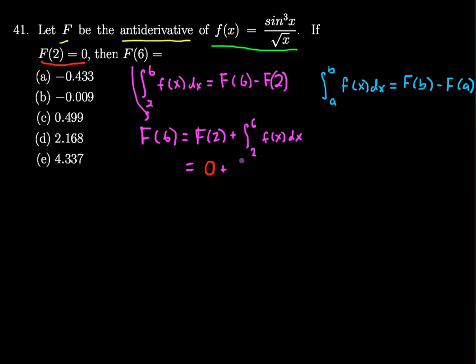Plus my integral from 2 to 6 of the f function, sine cubed x divided by the square root of x dx. And we're back to that point where if I wanted to do this by hand, I would have to find the antiderivative. But I'm not required to do it by hand, so let's go ahead and use the calculator, what it's good for. I'm going to type this in and get an approximation.